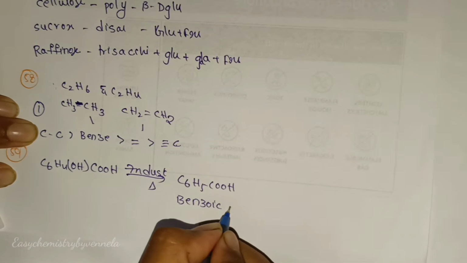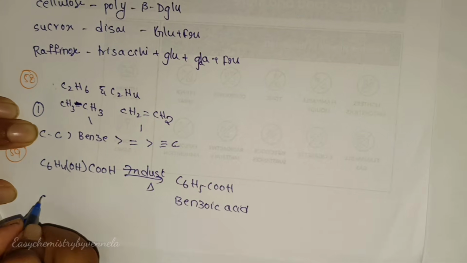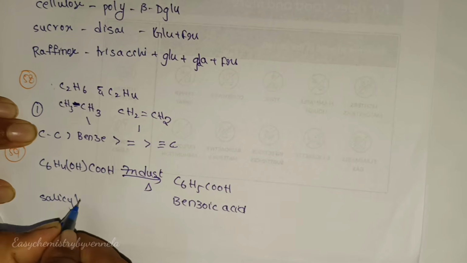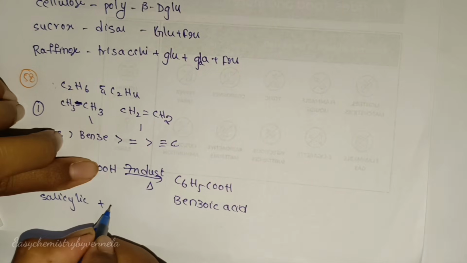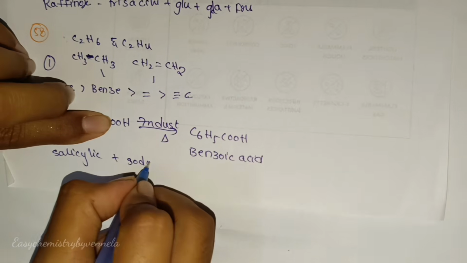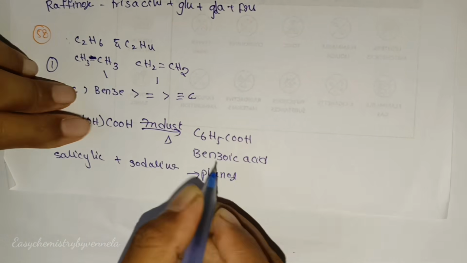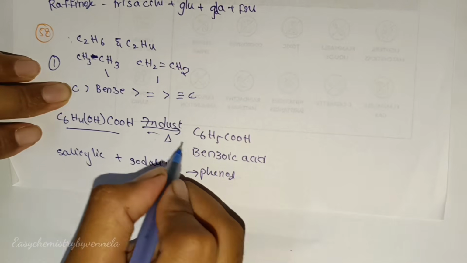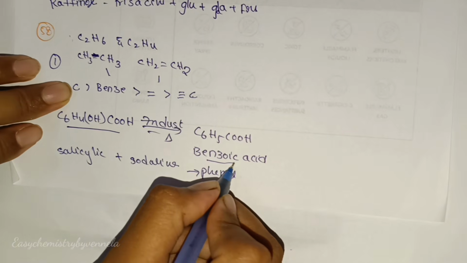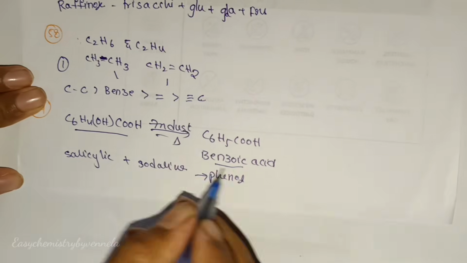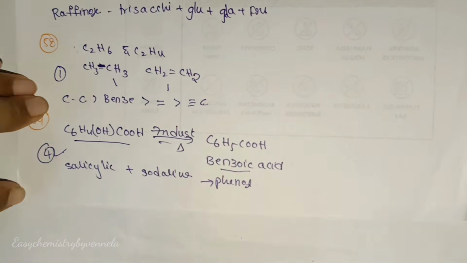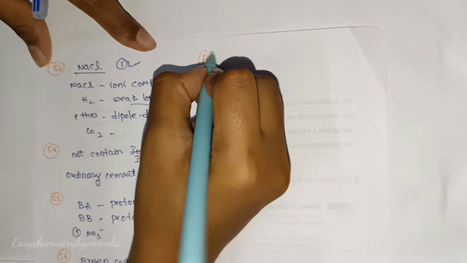This is benzoic acid. If they give salicylic acid plus soda lime, it forms phenol. So in our question, salicylic acid with zinc dust forms benzoic acid. So the correct option is the fourth one.